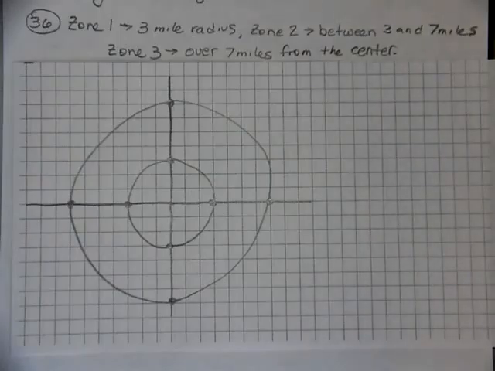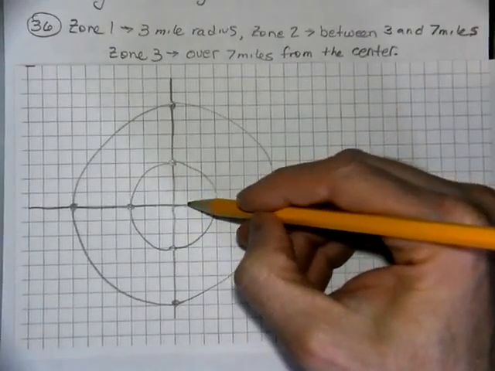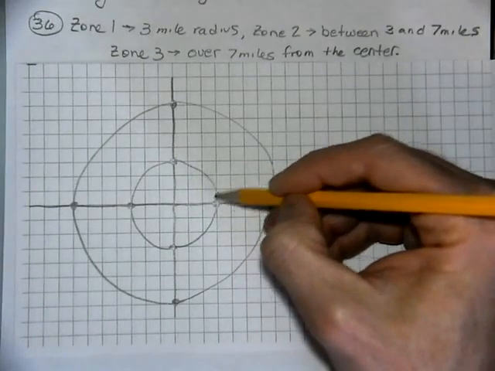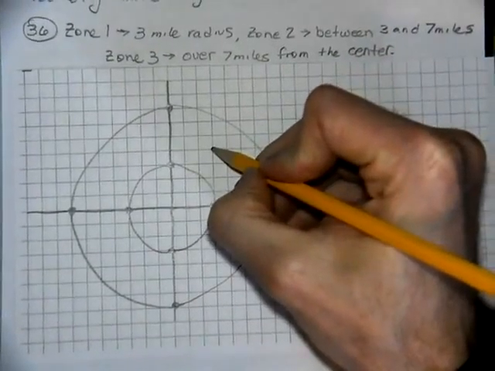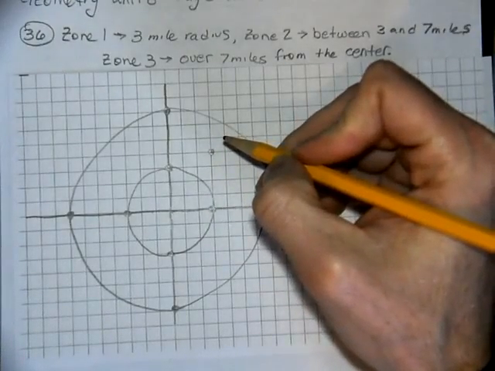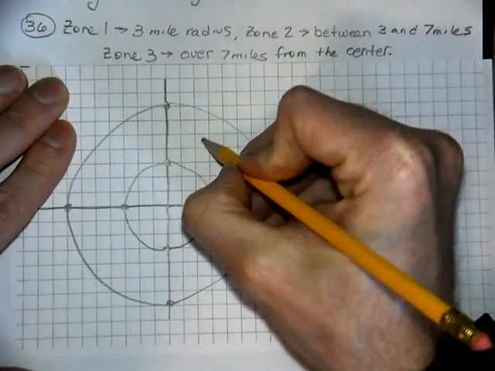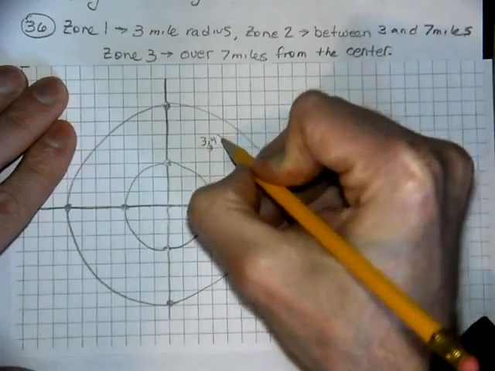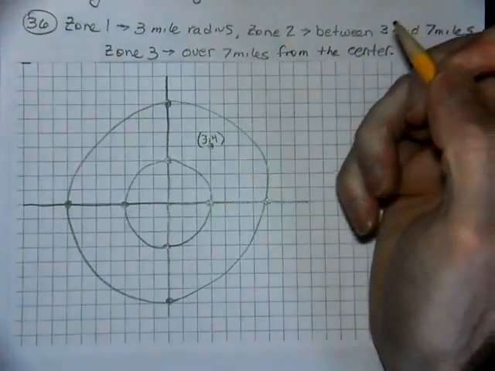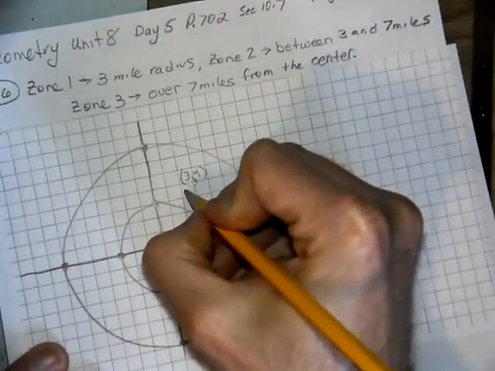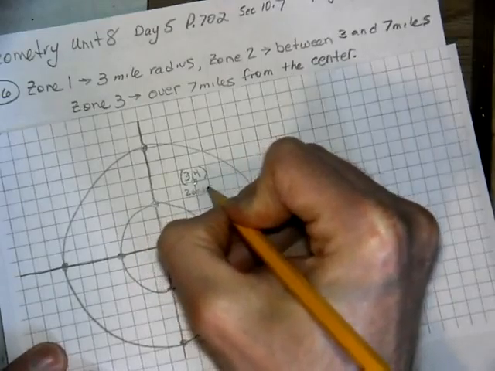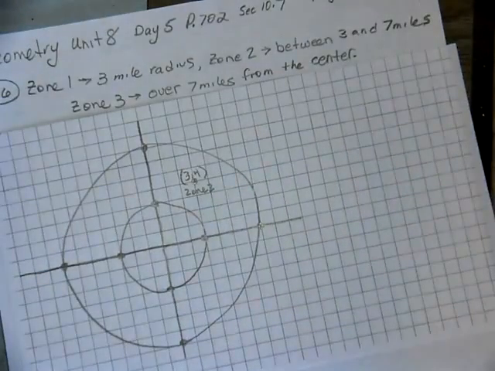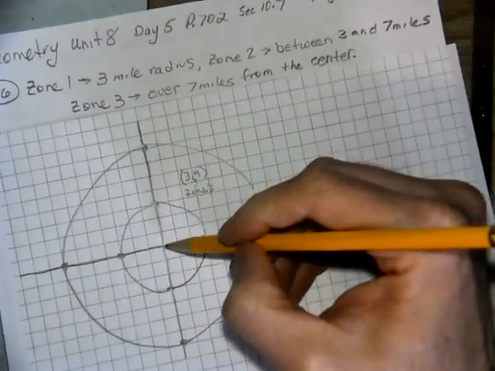Now what we're looking for is to find which zone the people live at. So if we're at 3 over and 4 up, 3, 4, that's in zone 2. Six, 5.